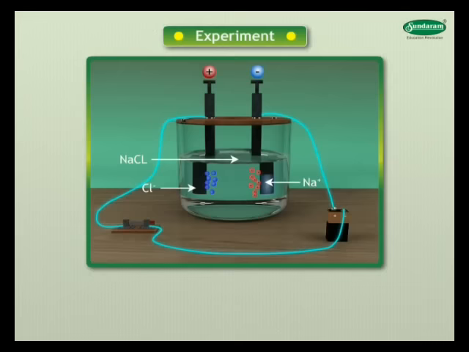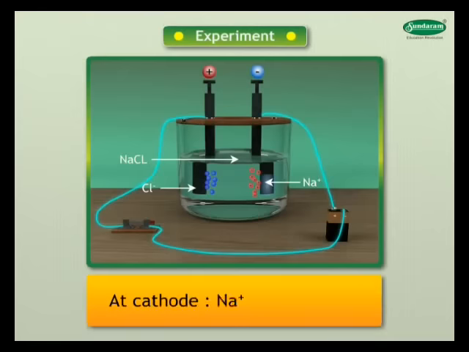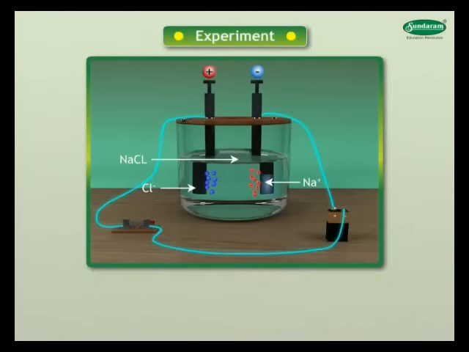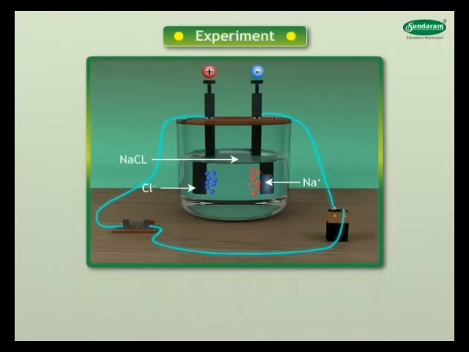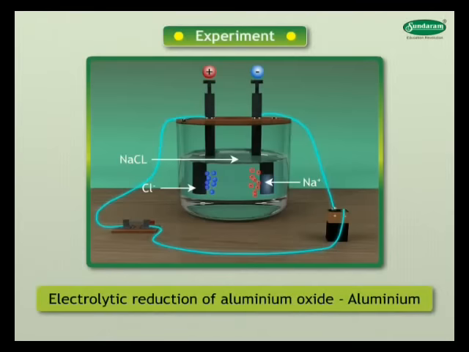The reaction of sodium is as follows. At cathode, Na+ + e- gives Na. At anode, 2Cl- gives Cl2 + 2e-. Similarly, aluminium is obtained by the electrolytic reduction of aluminium oxide.